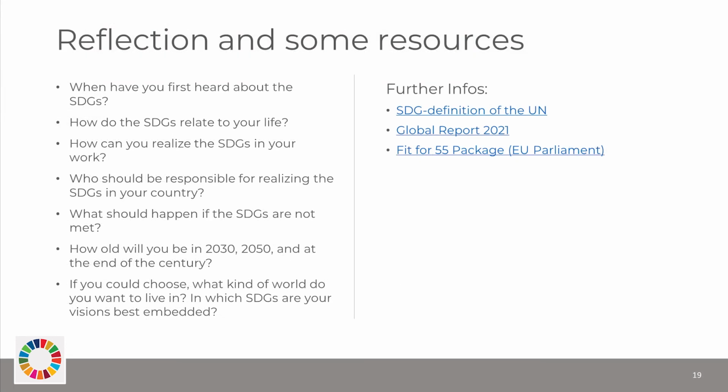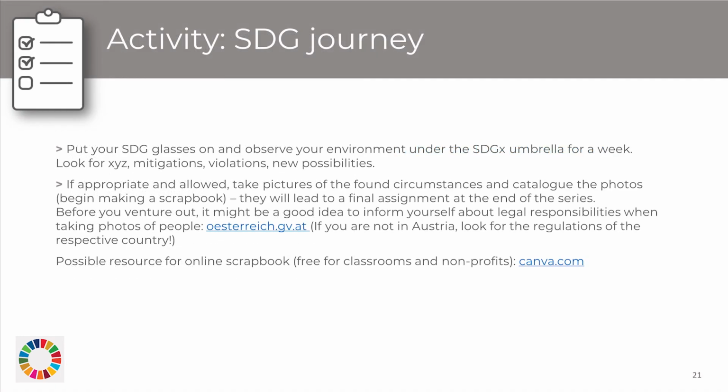Further down the road, the set takes you to an opportunity to reflect upon your learning and gives you more resources. Eventually, you'll end up in the SDG journey, where we ask you to put on your SDG glasses and go into your own environment and look for evidence of what's happening in your environment for this SDG, or violations that would make it harder to achieve that particular SDG, or mitigations to reduce the impact.